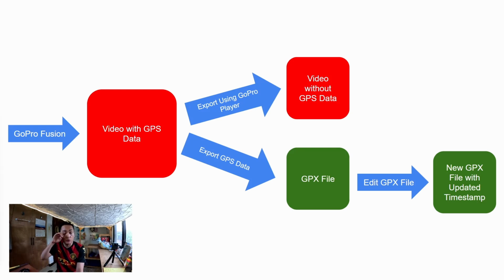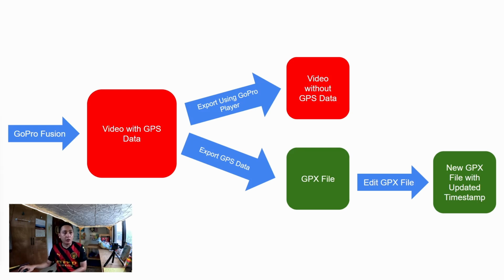I'll also show an online tool that will do this, and an online tool to edit the GPX file so that the timestamp for the GPS and the date created of the video without GPS data are the same. That will synchronize our GPS coordinates with the actual video that we have without the GPS data.